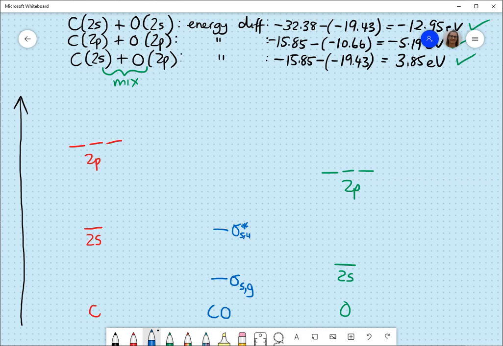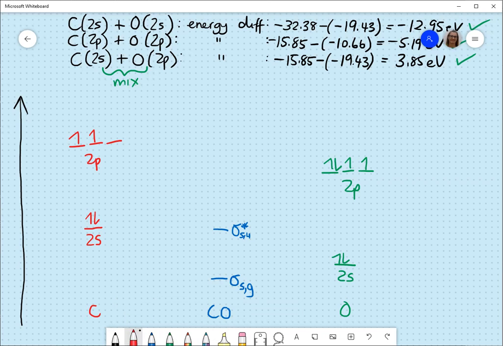Now, what about the electrons? Let's just put the electrons in. Remember that we've got the 2s, and then we've got 2 electrons there. And with oxygen, we've got the 2s electrons here, and the 2p has 1, 2, 3, 4. Right. Let's pair these up. So we've got 2 electrons from the 2s and 2 electrons from the 2s here. Let's put them together.